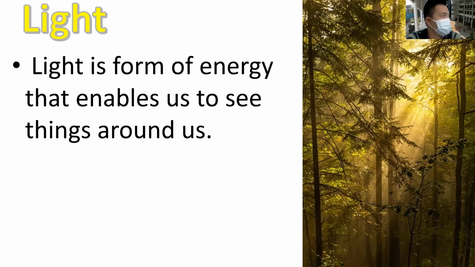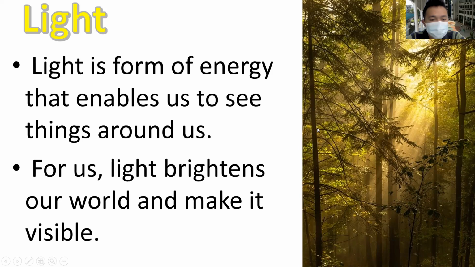I can appreciate the colors here in the room because there is light. If there is no light, of course, I cannot see the things around me. I cannot see all the beautiful images here inside the room, or the different colors around me. Or even walk straight without the light.